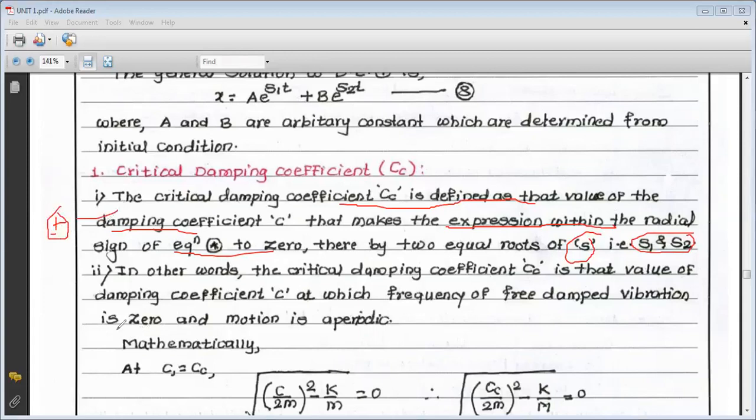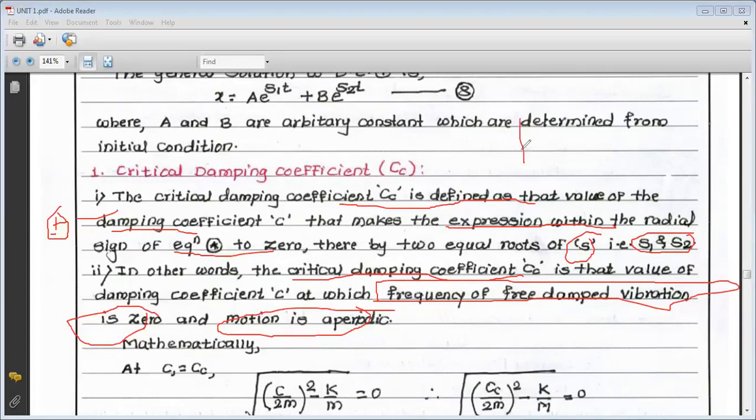So in other words, we can say that the critical damping coefficient Cc is that value of damping coefficient at which the frequency of free damped vibration is 0 and the motion is aperiodic. Now what is aperiodic motion?